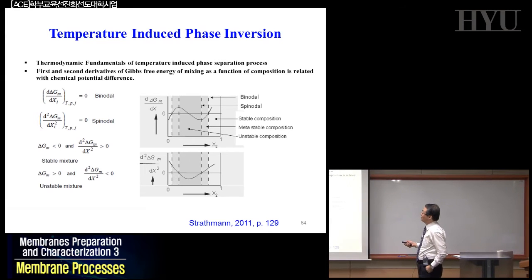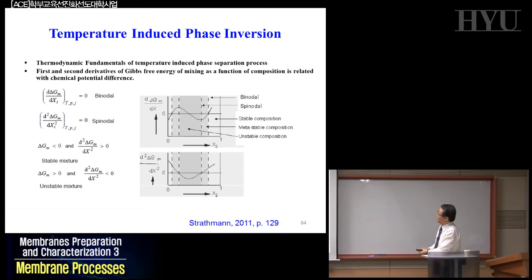So we can say that the first derivative and the second derivative of Gibbs free energy of mixing as a function of the composition is related with the chemical potential difference, as you have already seen.